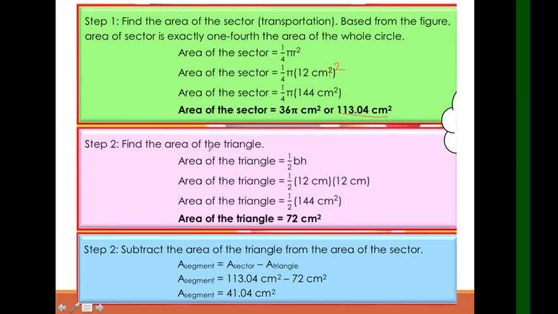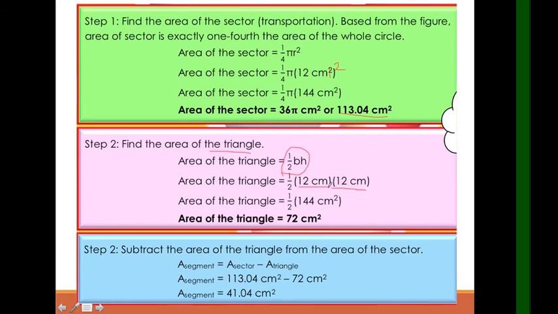Now, find the area of the triangle. Okay, the area of the triangle is 1/2 base times height. So 1/2 times 12 centimeter and 12 centimeter. Okay, yung base niya is 12 centimeter. Yung height niya is 12 centimeter din.